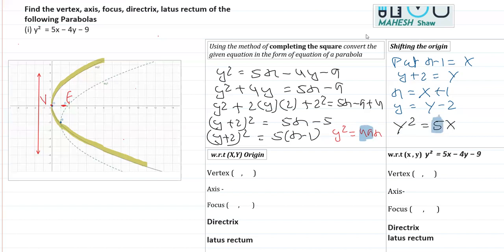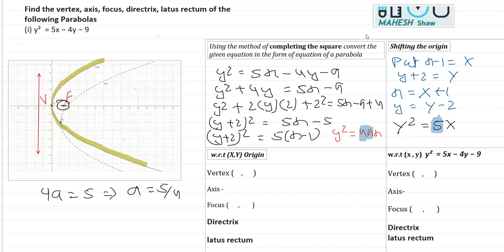Needless to say, we are going to replace 4a with 5. So on replacing 4a with 5, we are getting a as 5 by 4.